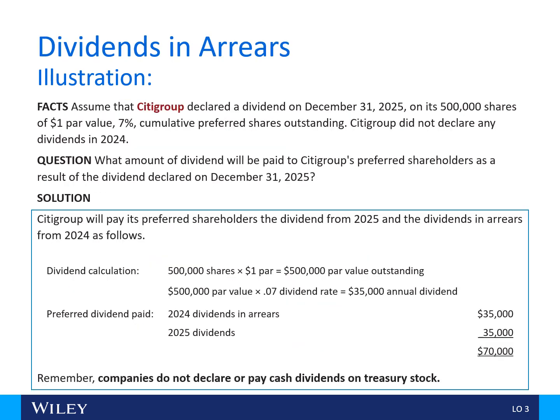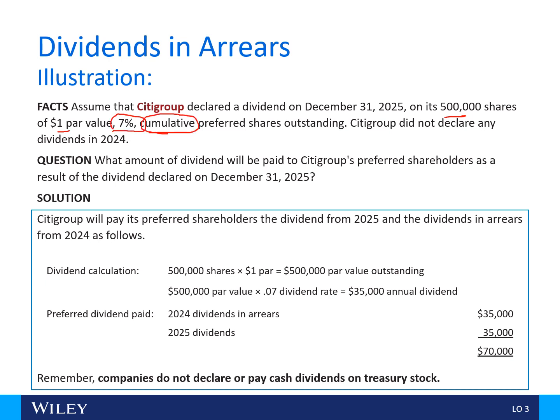So earlier in this chapter, I had mentioned the fact that preferred shareholders receive something almost similar to a CD. They receive a certain percentage that's been promised as part of the actual preferred stock offering. In this particular case, it says that it has 500,000 shares of $1 par value preferred stock, 7% cumulative.